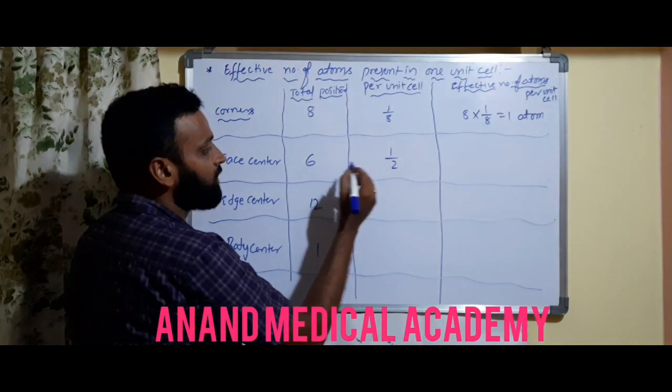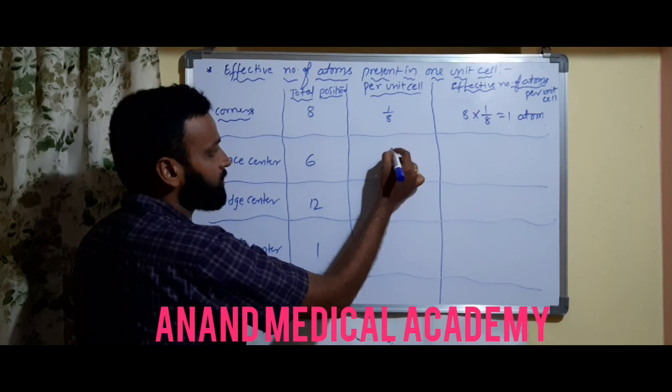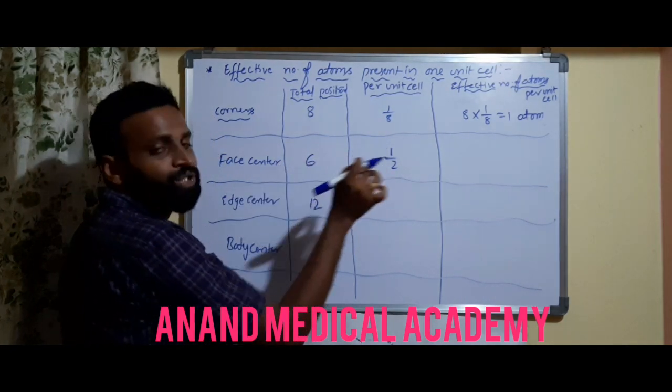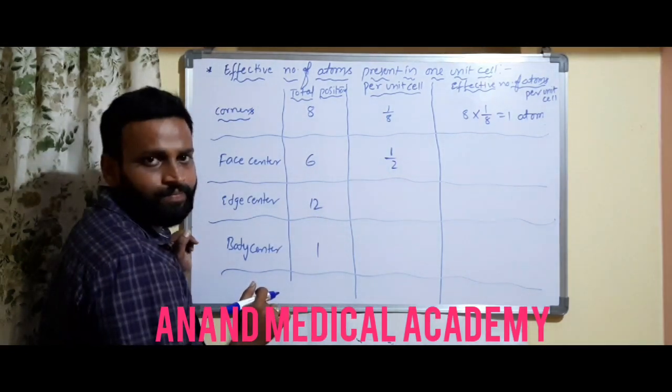Getting what I'm saying? So per unit cell contribution, it's 1 by 2, because one face center atom is shared by 2 unit cells.